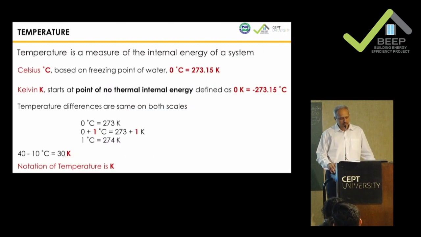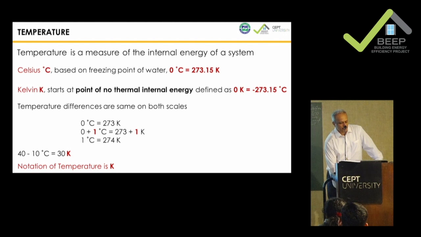As a unit, if you refer to some of the literature, it does talk about Fahrenheit or Kelvin as a unit, and you should not get confused with that. It's simple: the difference between Celsius and Kelvin is just about 273 degrees.